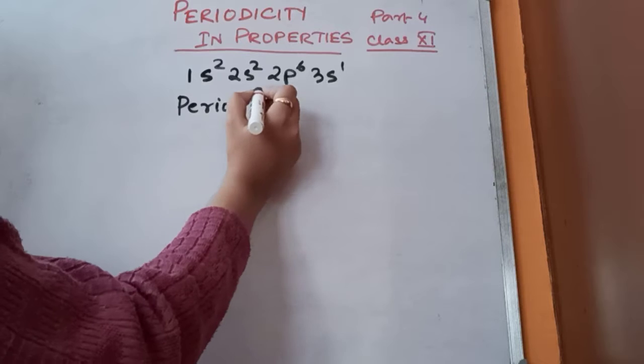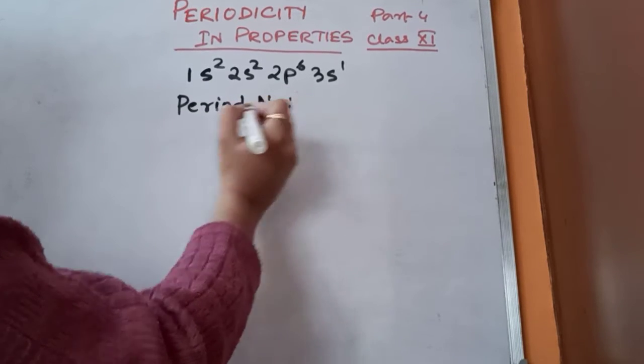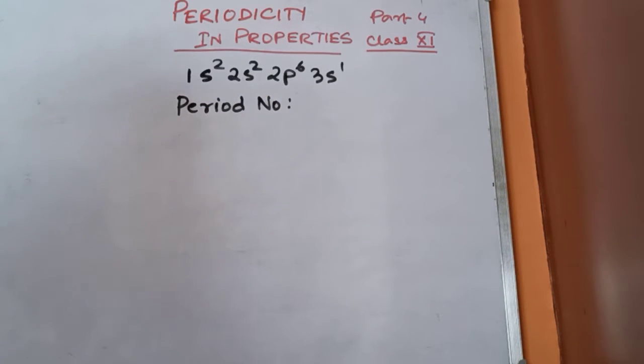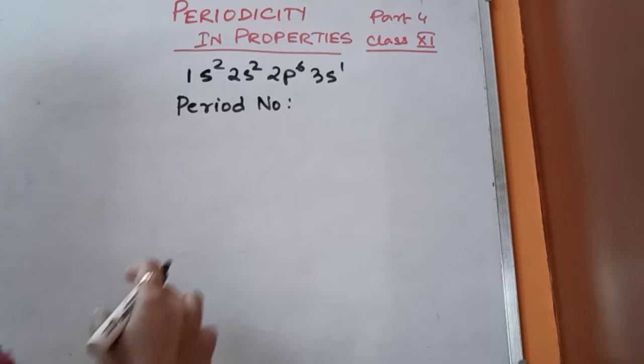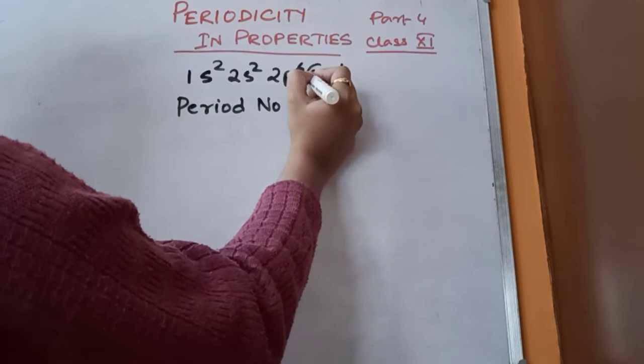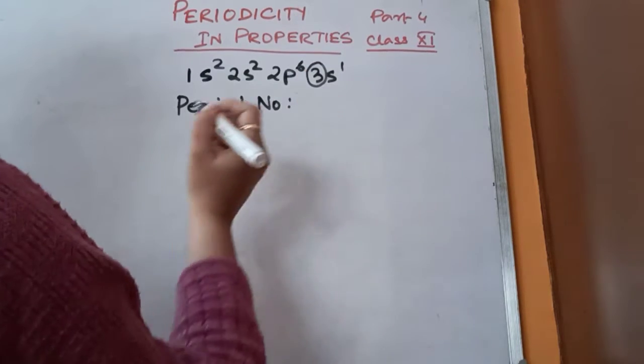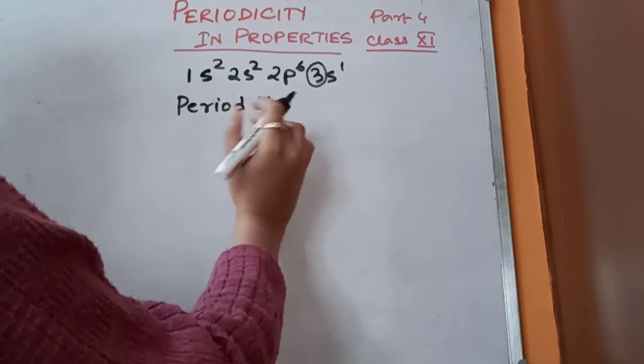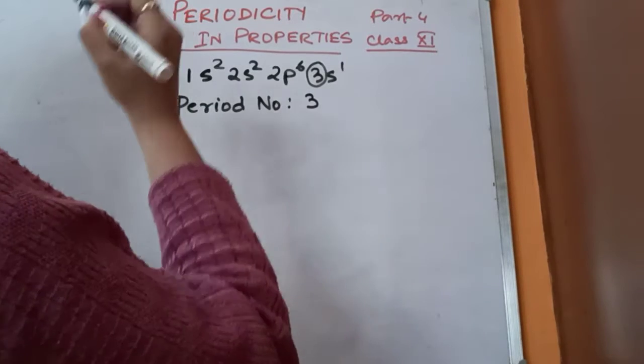The period number will be equal to the principal quantum number of the outermost energy shell. Look at this, the outermost energy shell is 3, so the period number will be 3.